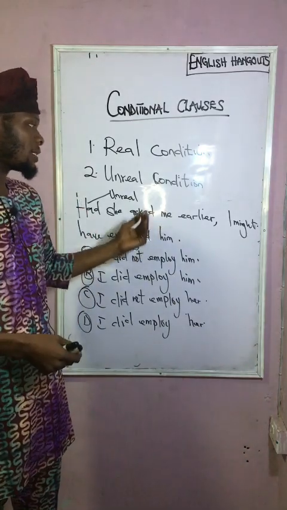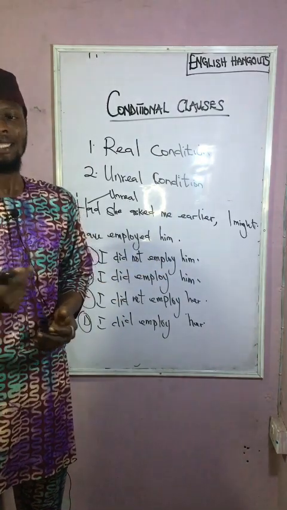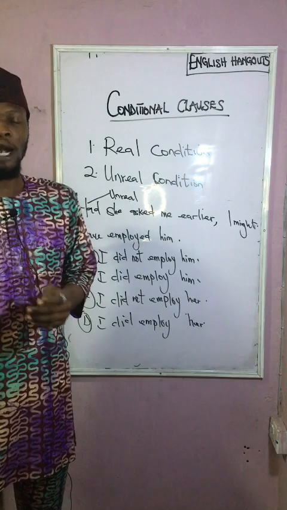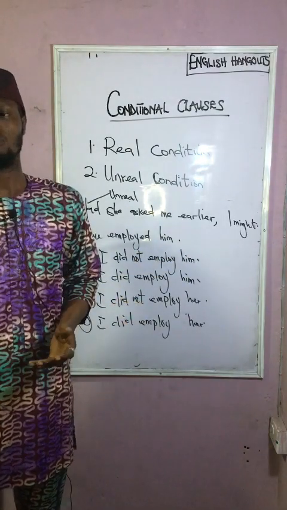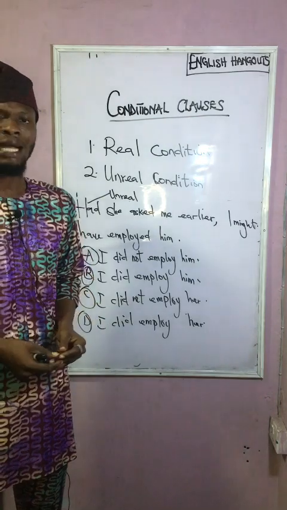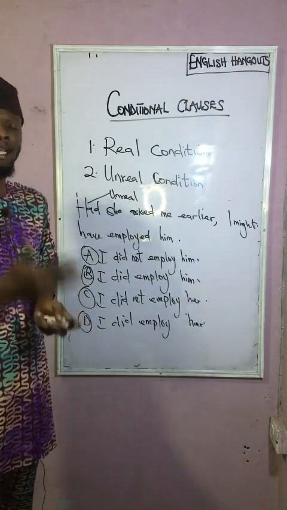The friend replied, had she asked me earlier, I might have been able to employ him. That shows that the person did not inform them earlier.